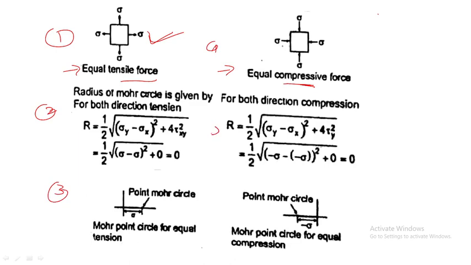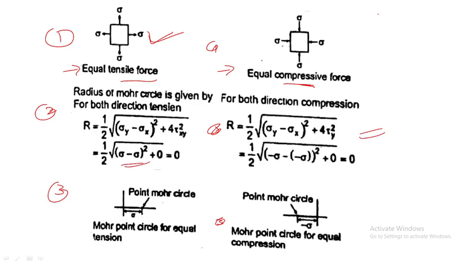So the radius of the Mohr circle is given for both directions: half of the root of (tau y minus tau x) square plus 4 times the shear stress whole square. This formula you have to use for both directions.